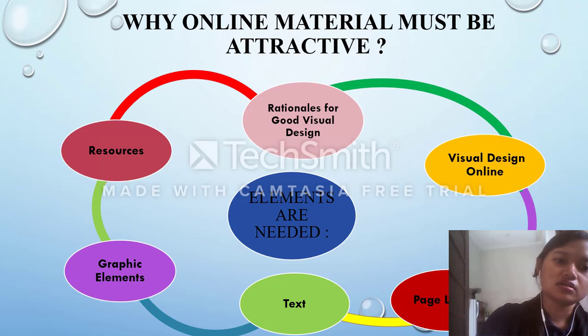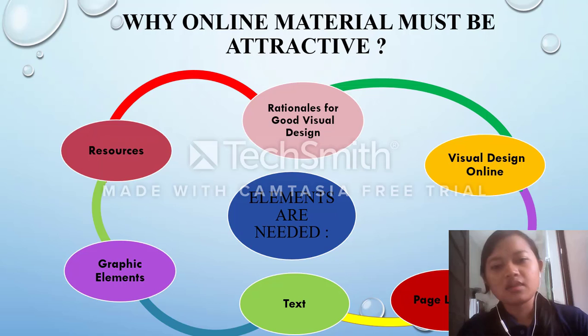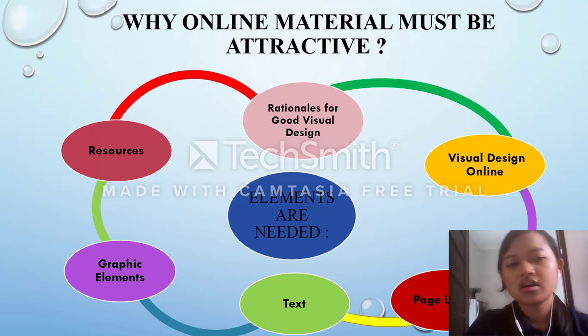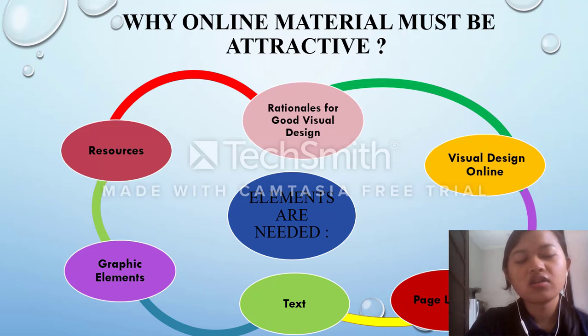And the next question is, why must online learning be attractive? What elements are needed? The reason is, online learning must be attractive to attract students' attention, so that students have an interest to do the learning activity during the course.